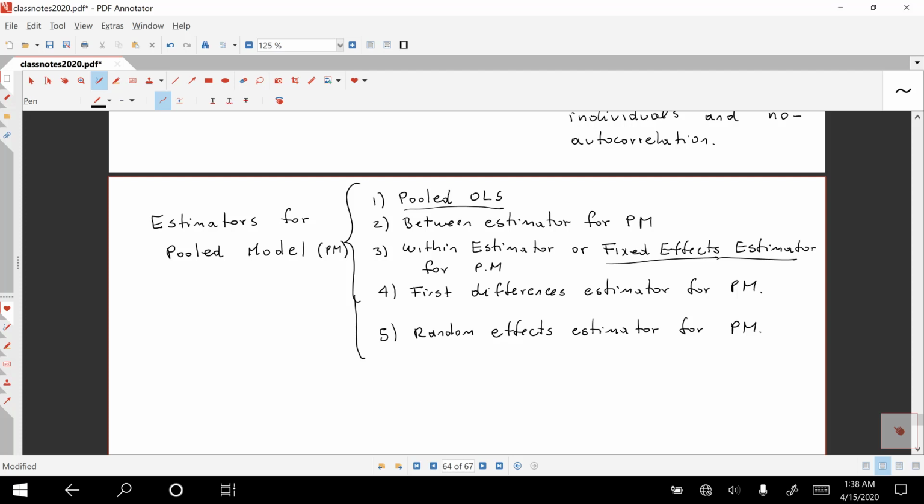So these estimators are not going to be that difficult. And probably most of the confusion has to do with the names. But actually, in terms of estimation, with what we learned in this class and probably your previous econometrics classes, it's very easy to understand what's going on. Okay, so we'll continue next time with more details about these estimators for the pooled model.